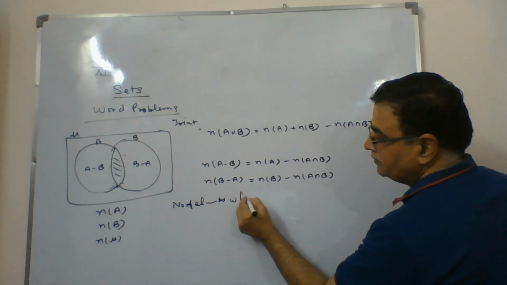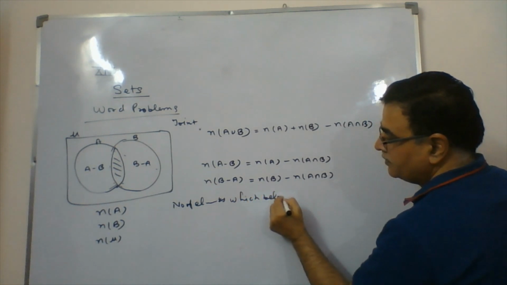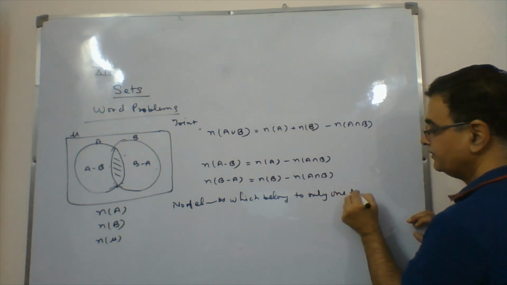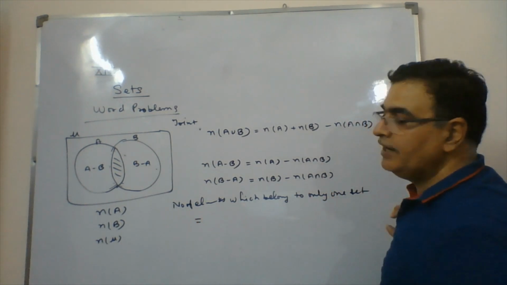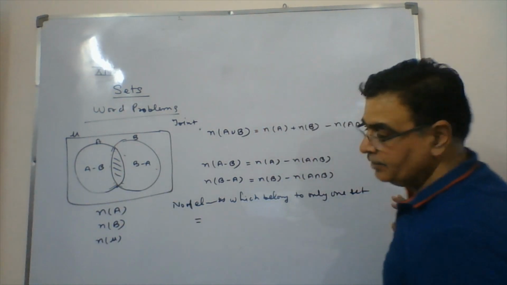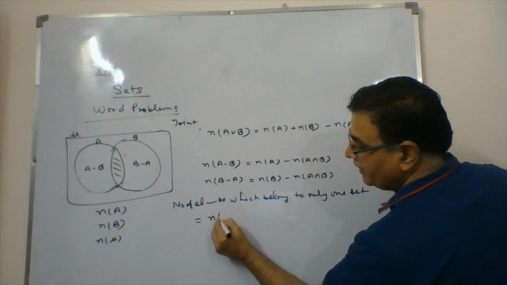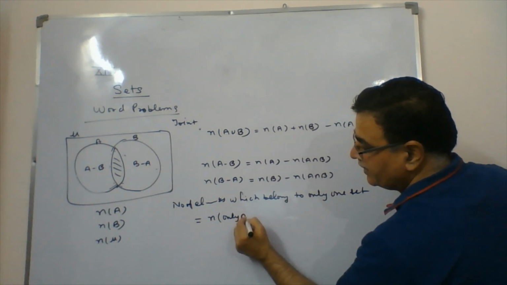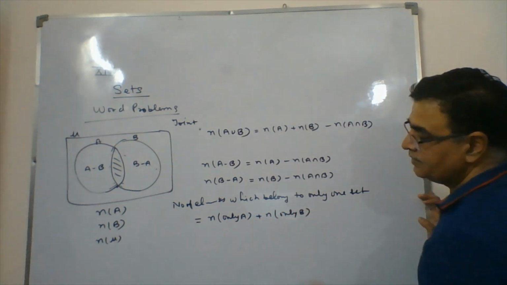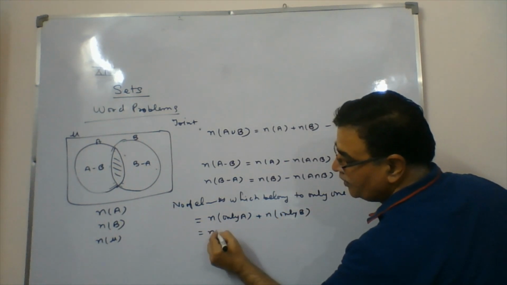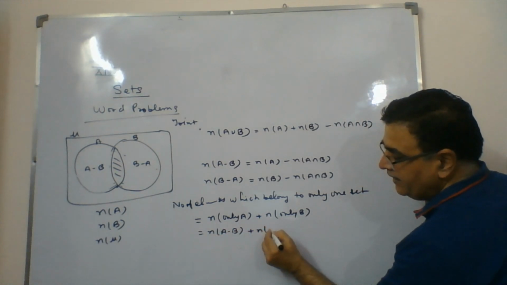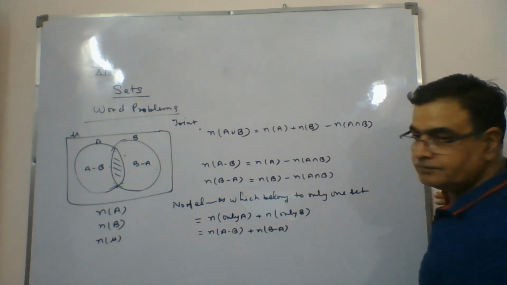If they say number of elements which belong to only one set, if they ask only one set, it means either I want this portion or I want this portion. That means we'll say only A, that is n(only A), and then number of elements only B. When we say only A, it will be n(A minus B), and when only B, n(B minus A).